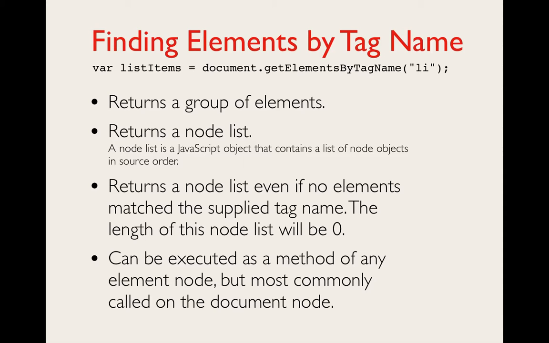And it can be executed as a method of any element node, but most commonly it's called on the document node. So if you had 2 unordered lists or 4 unordered lists in a document and you just wanted the second one, you can target just the second one by starting with the ID of the second unordered list.